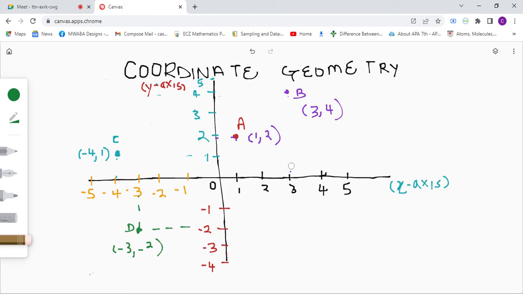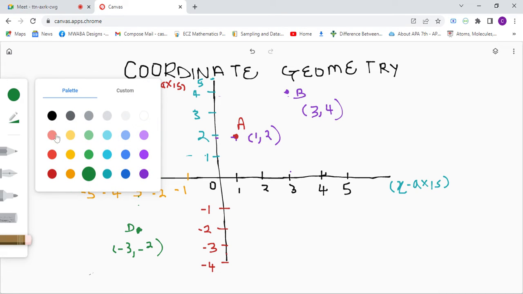So as you can see here, you can form shapes on this Cartesian plane. But today what we're looking at is how we find the length of a line between 2 points.